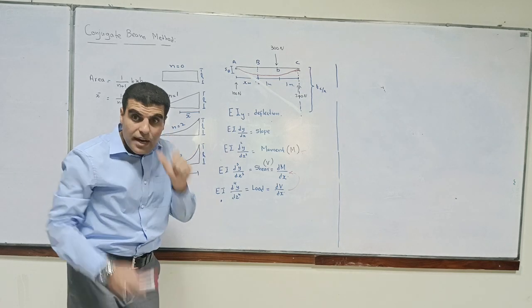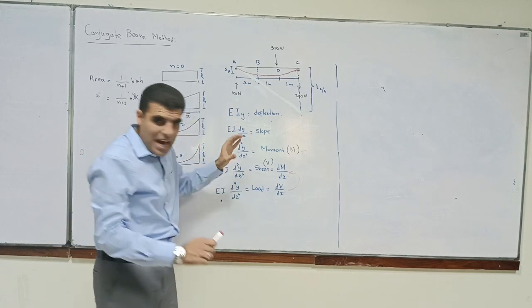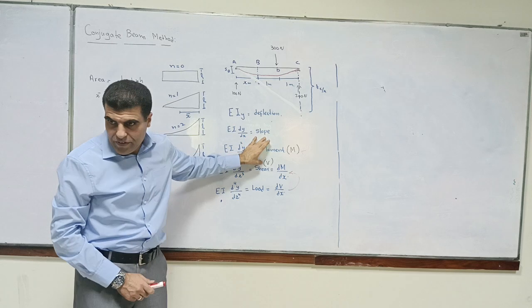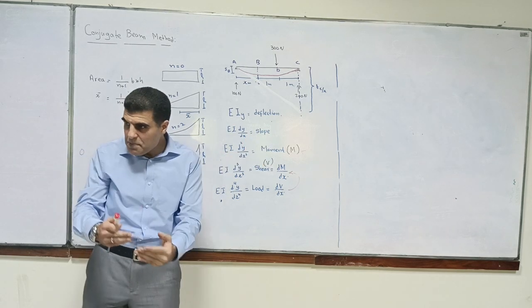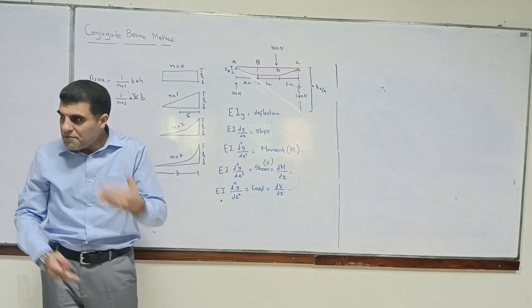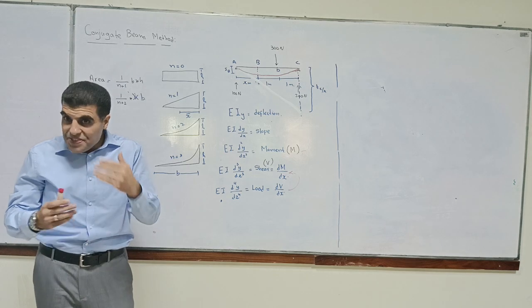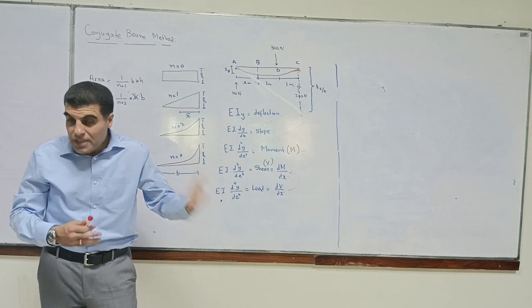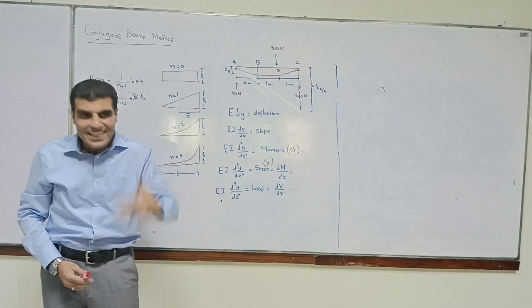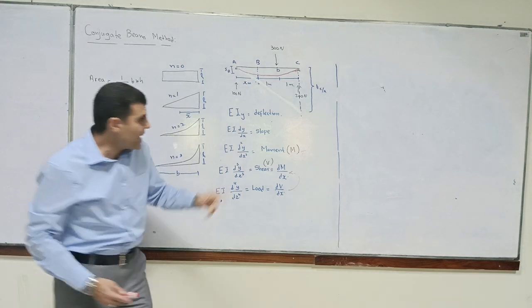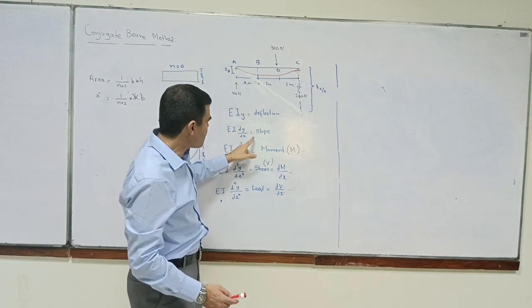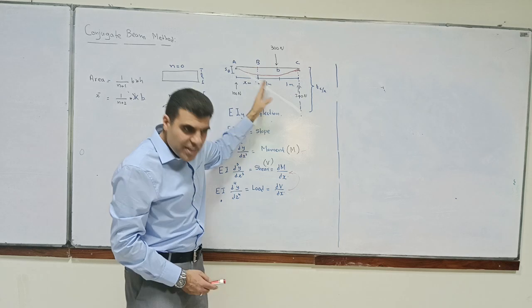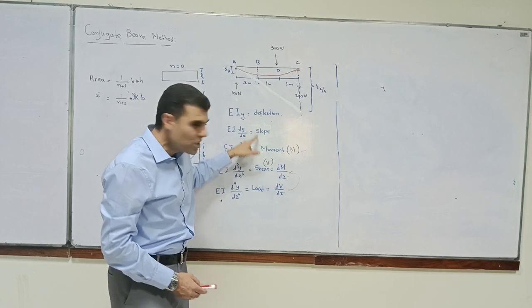What do I mean? If I load my beam with the bending moments, find them out and then treat the bending moment diagram as a load on the beam, then at a particular point, if I find my shear, that will be equal to slope.